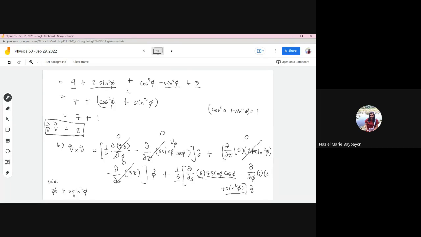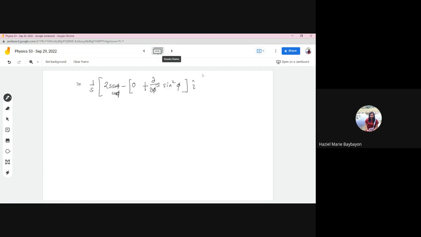Tapos kini unsay derivative with respect to S? So magkuan ta with respect to phi. Mag-change variable ta. Let u. So naa kay 1 over S, 2S sine phi cosine phi, and then minus kini siya nga term.